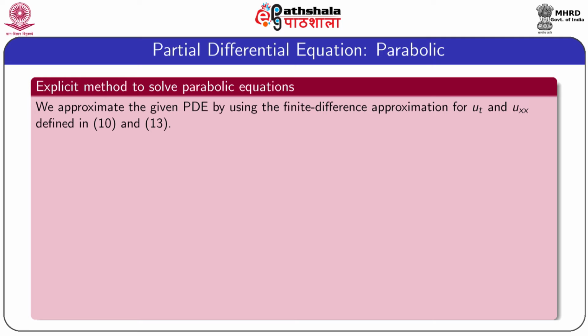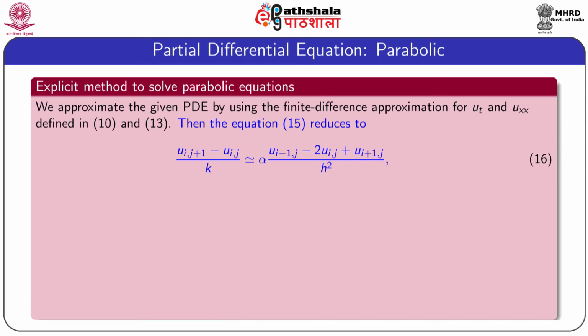Now we approximate the given parabolic partial differential equation by using the finite difference approximations for del u del t and del 2 u del x2 defined in equations 10 and 13. Using these approximations, equation 15 reduces to equation 16.